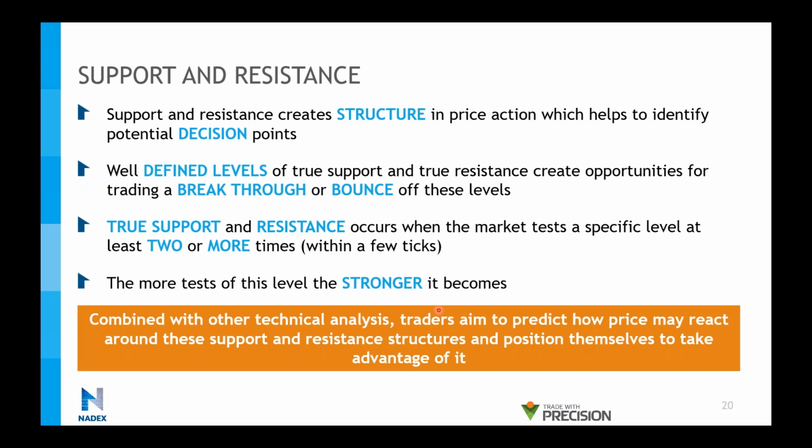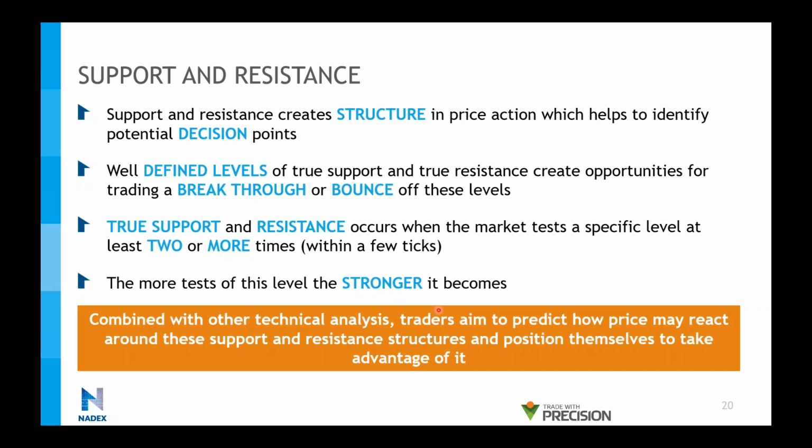True support and resistance occurs when the market tests a specific level at least 2 or more times within a few ticks or pips. Doesn't really matter how far apart those touches are. The nice thing is when it comes to horizontal levels of support and resistance, they are precise.